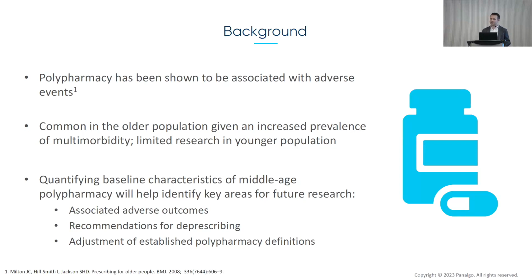And when we look in the literature, middle age, the age right below an older population, typically are not included in these types of analyses. So even quantifying baseline characteristics, like the types of treatments you're seeing for patients with multiple treatments and the conditions associated, is moving in the right direction of further research in this area.